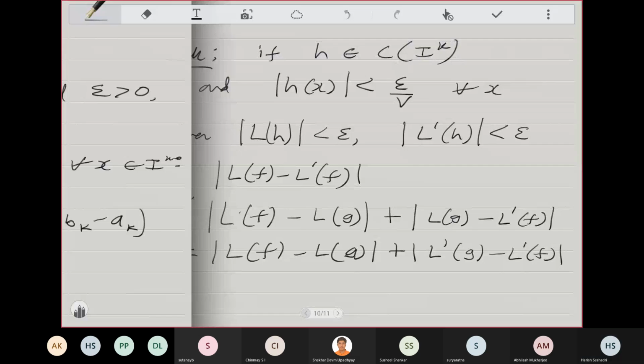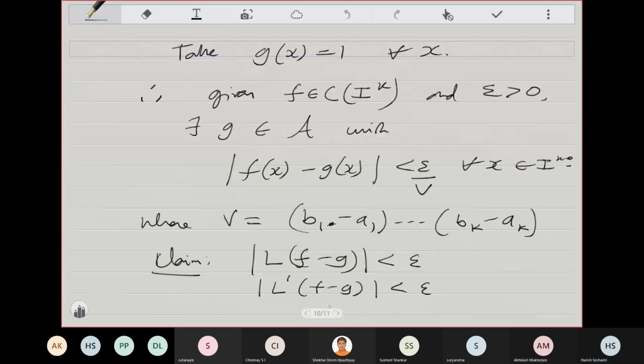By the way, a few minutes ago I was saying that the linearity of the integral has not been proved.